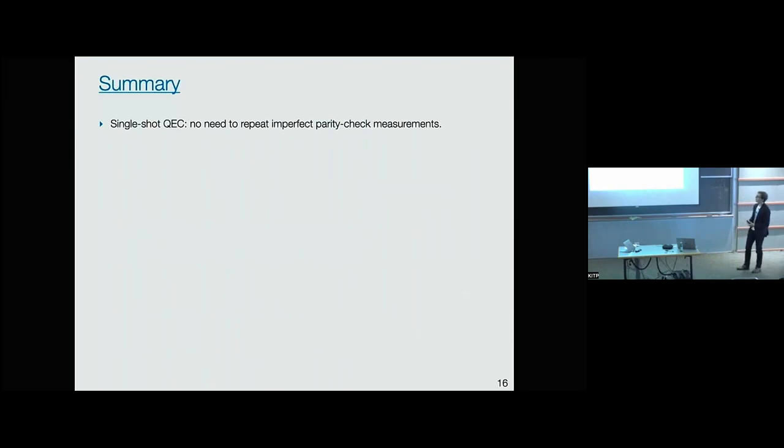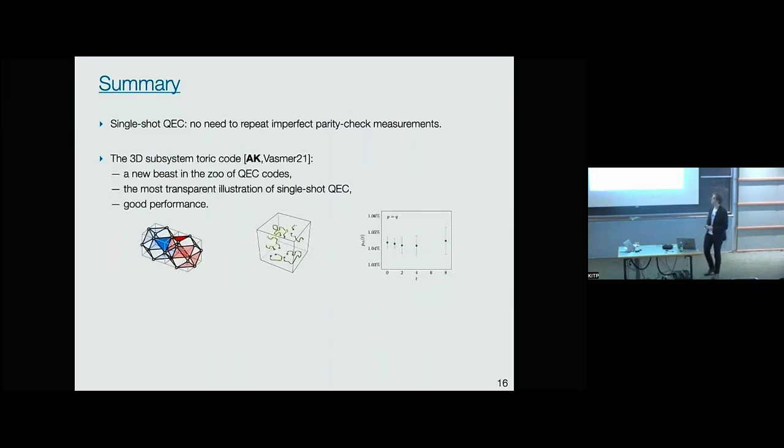So the take-home message is that if you have imperfect measurements, you don't have to repeat them. You can just use single-shot error correction. You measure your operators once, and then you're good to go. And you can realize this idea with the 3D subsystem toric code. And here, I'd like to emphasize that what we measure is geometrically local parity checks.